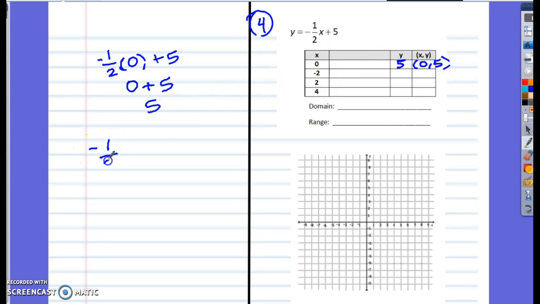Okay, -1/2 times -2 plus 5. -2 is over 1, so that's really like 2 over 2, which is just 1. It becomes positive because 2 negatives multiplied give you a positive. You get 6. So we have (-2, 6).